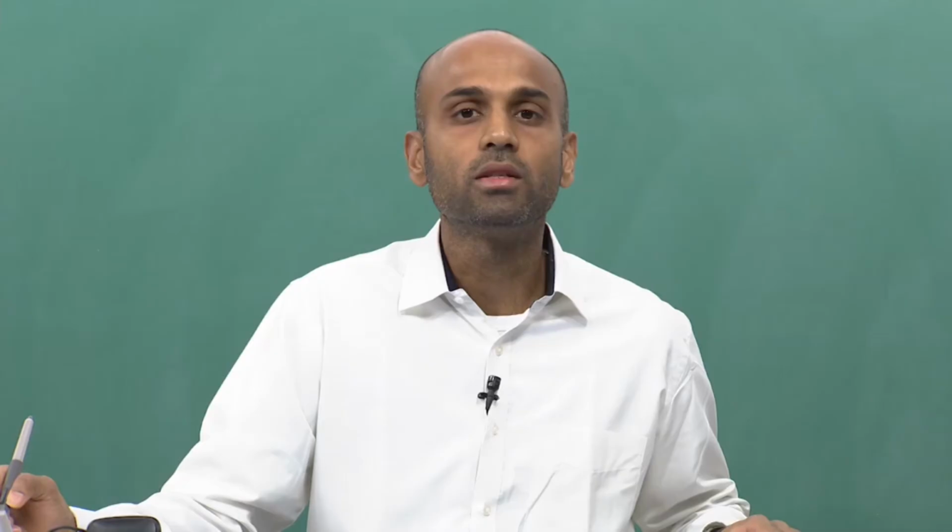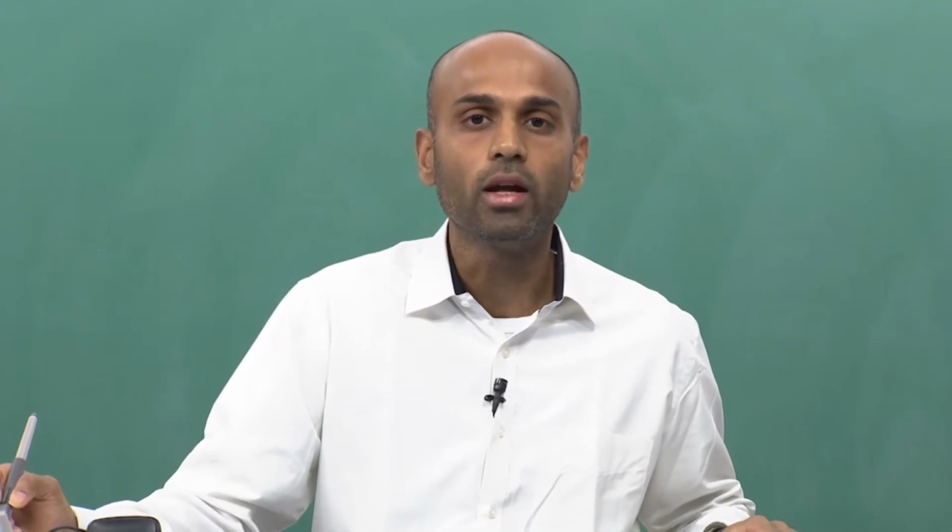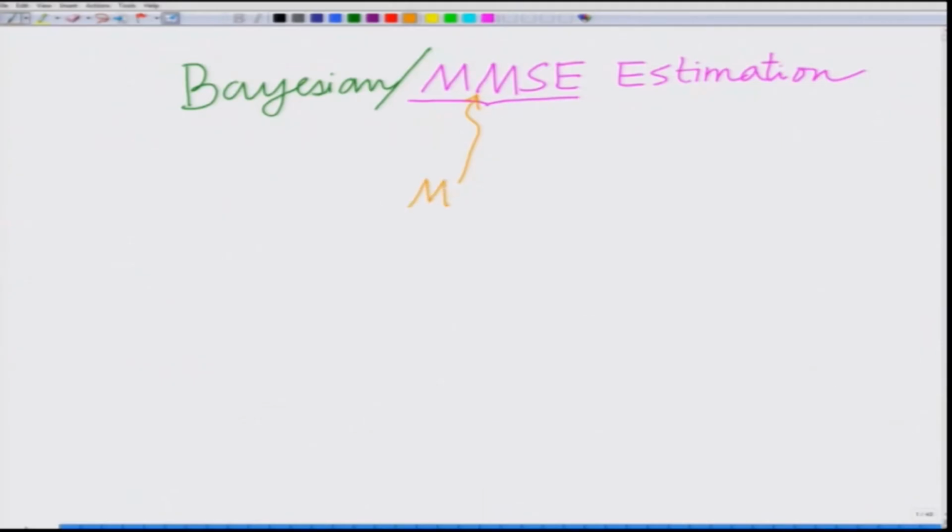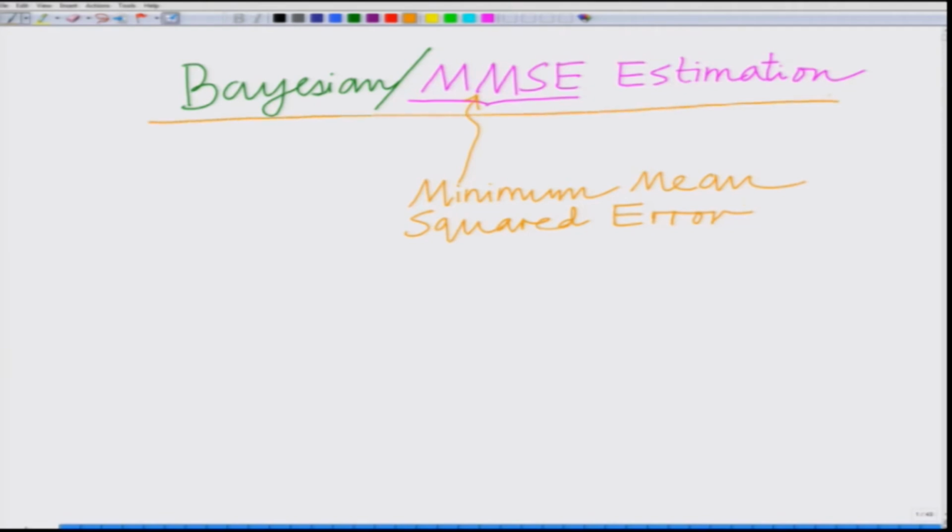Let me write this down, because this is something that we are going to keep using throughout the course. It is essential that you familiarize yourself with the nomenclature. This is the minimum mean squared error, and we are going to look at both of these things.